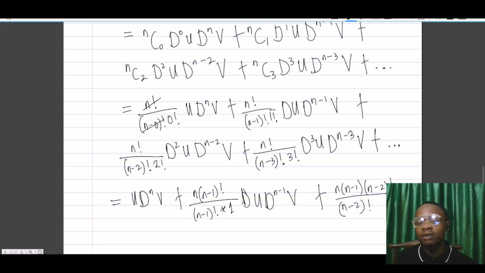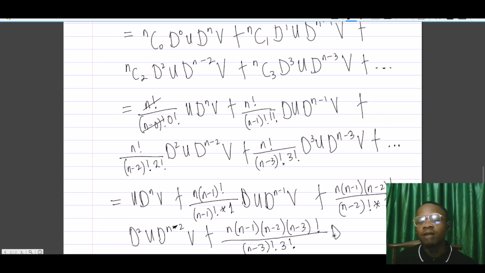We stopped at n minus 2 factorial because we have n minus 2 factorial in the denominator, multiplied by 2 factorial, which is 2, then multiplied by the coefficient here, which is the second derivative of u, the (n minus 2)th derivative of v, then plus what we have here, that's n into n minus 1 into n minus 2 into n minus 3 factorial, divided by n minus 3 factorial 3 factorial, then we have the third derivative of u, the (n minus 3)th derivative of v, plus and so on.